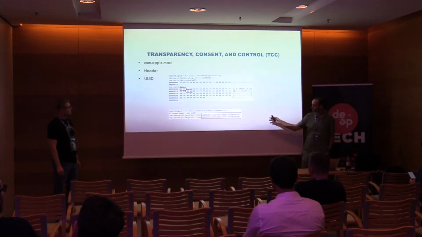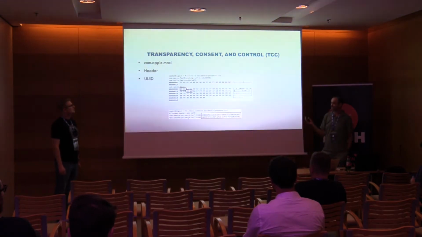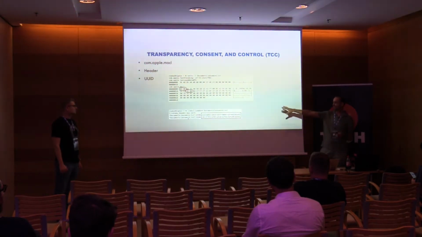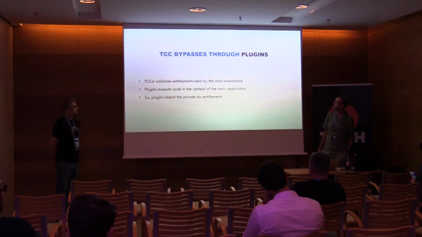But basically, this is a unique UUID which refers to the user and the application itself. Every application on macOS has another unique UUID, but this is a different one. So this is like a locally significant UUID. And so this is how this permission, the intention, is being tracked.